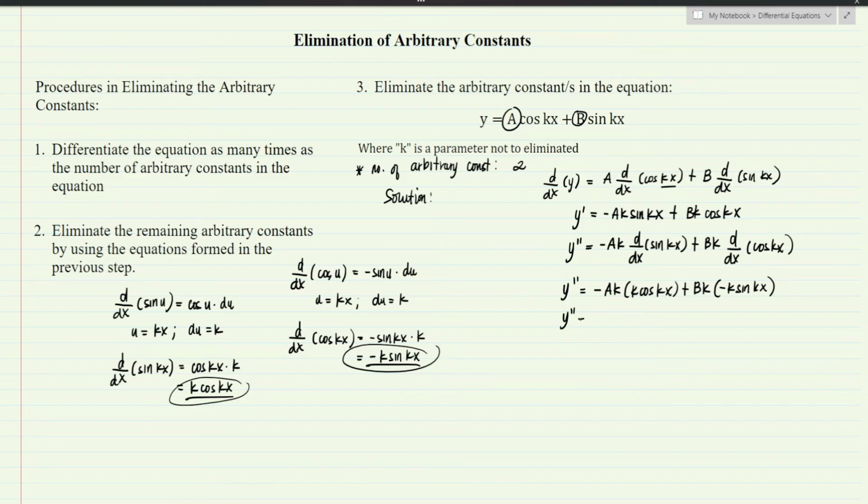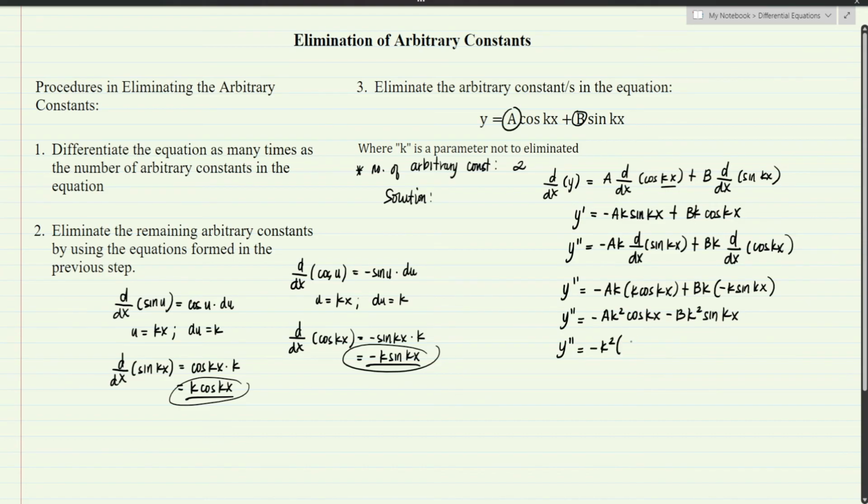Simplifying my second derivative, I would have here negative ak squared cosine kx minus bk squared sine kx. So notice in our equation, we have common factors negative k squared. So I can factor out here negative k squared.